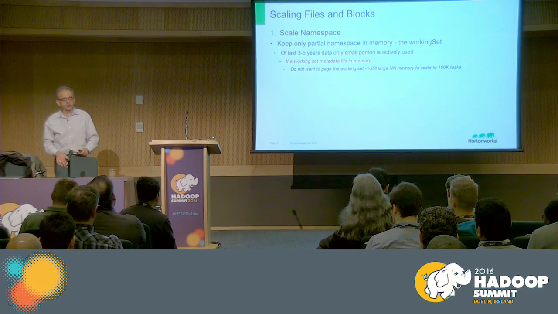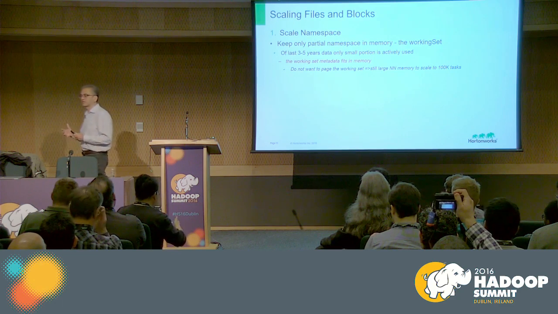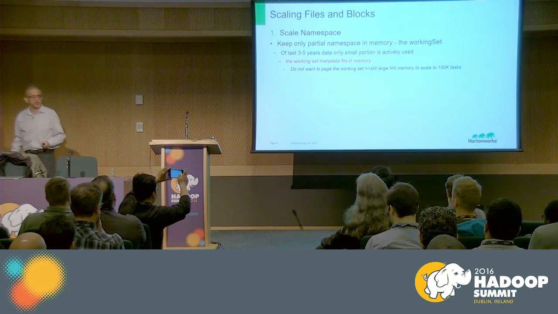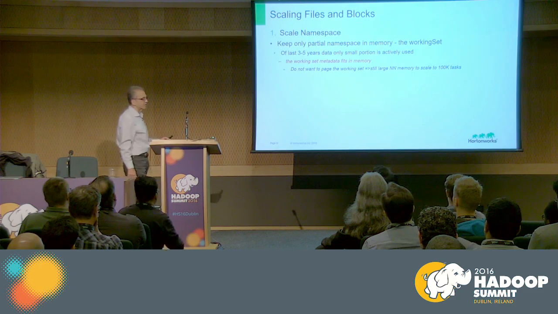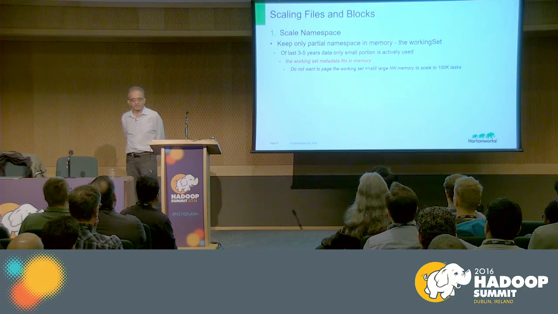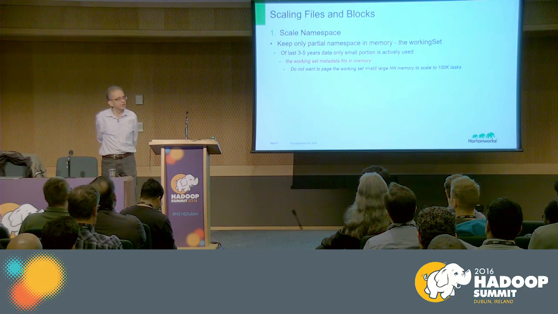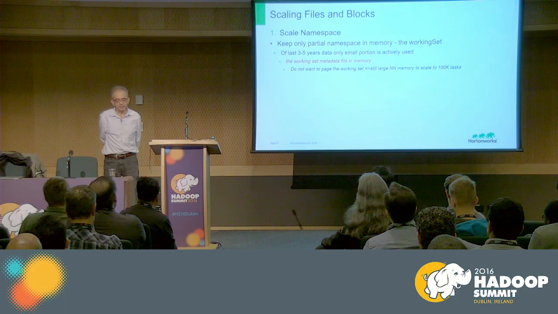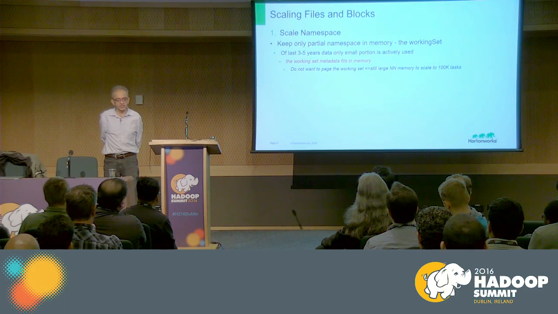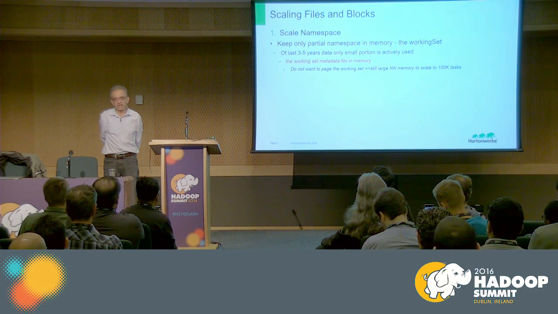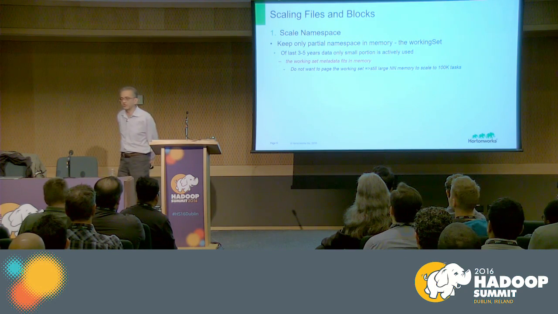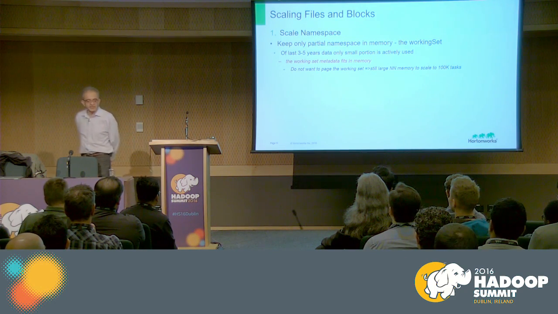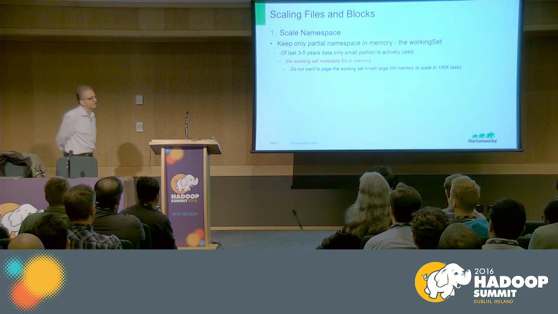Okay, so what is the way to solve this in a more fundamental way? There are 2 parts to the solution. One is to scale the namespace, and the other one is to scale the block storage. So the idea here is to keep only the partial namespace in memory. That is the working set. And the good news is that if you're storing the last 3 to 5 years of your data on HDFS, really it's only a small portion that is actively used, which means that the working set fits in memory.